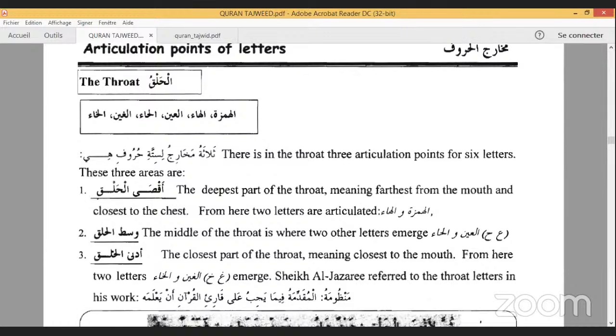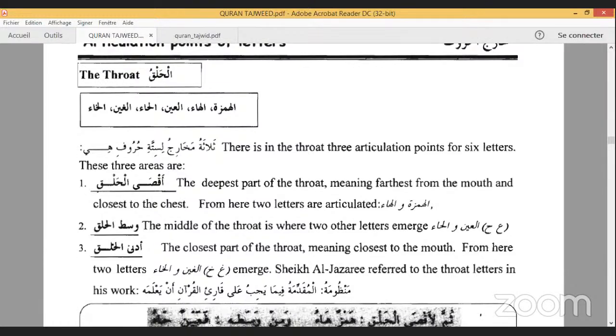And الحلقة, the throat. There are in the throat three articulation points for six letters. These three areas are the deepest part of the throat, meaning farthest from the mouth and closest to the chest.